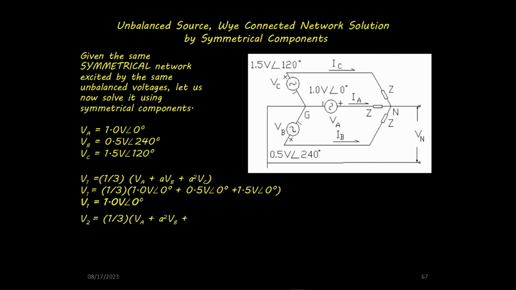V2 equals 1/3 the quantity VA plus A squared times VB plus A times VC. V2 equals 1/3 of 1.0 volts at 0 degrees plus 0.5 volts at 120 degrees plus 1.5 volts at 240 degrees. V2 equals 0.289 at minus 90 degrees.